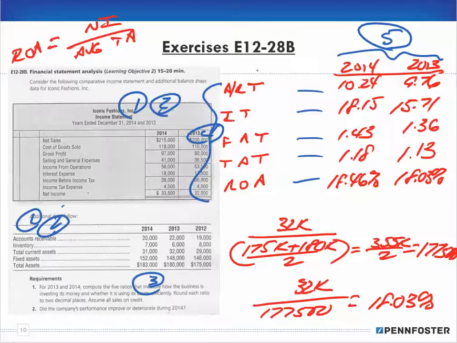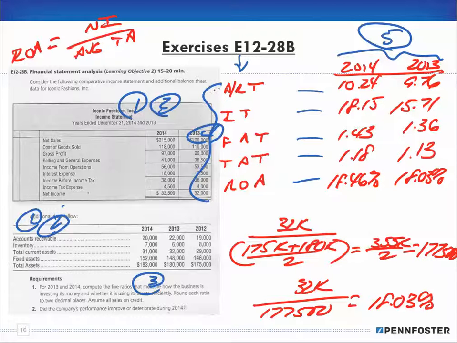It's one thing to understand what numbers to put into the formulas in order to do the ratios, but it is a whole other thing to understand what the ratios are telling you.